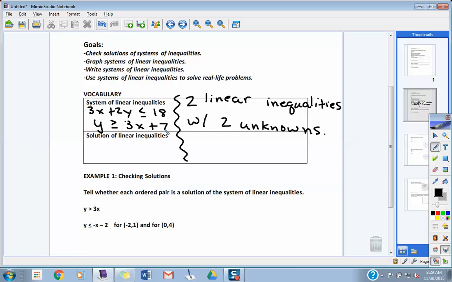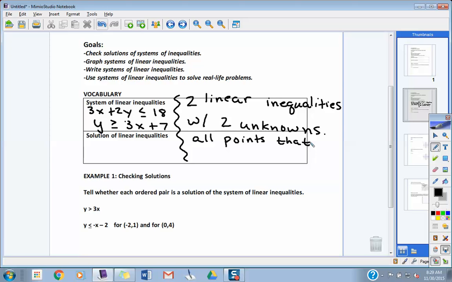We're trying to find all the points that make not just one inequality true, but rather both inequalities true. And then a solution of a system of linear inequalities is going to be the collection of all points. How many inequalities do we have to satisfy now?